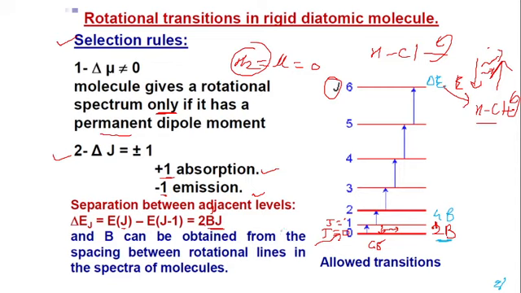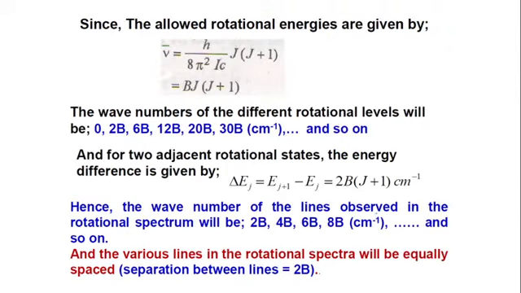That means whenever you move from J equals 0 to 1, 1 to 2, the allowed transition energy difference also increases.